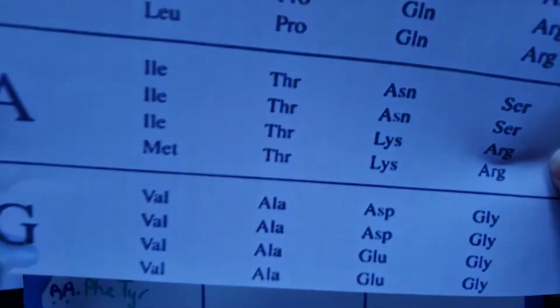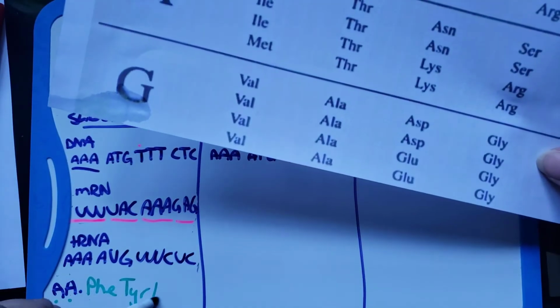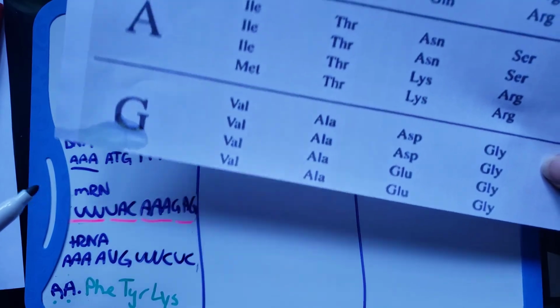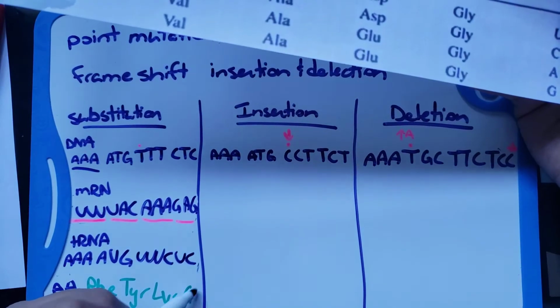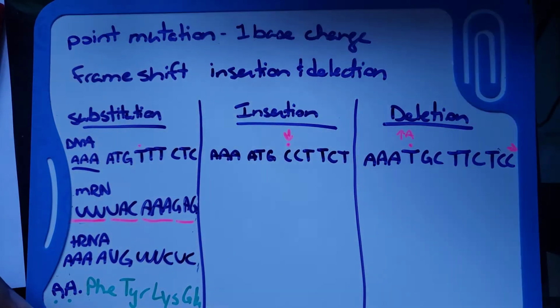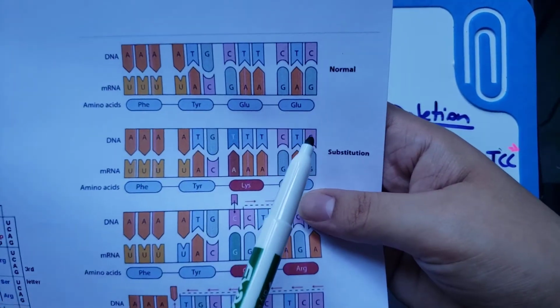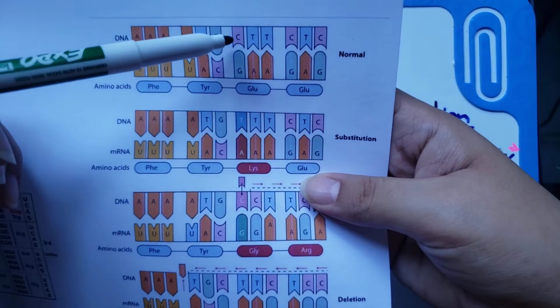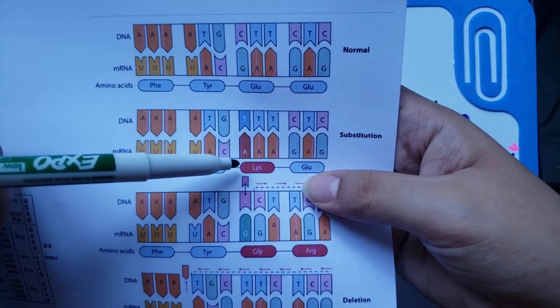Then AAA, an A with an A and an A. That will be a lysine, or lyse, and then we have a GAA, a G, the A, and that is a glue. If you look at the original paper, it was a glue and a glue. Because of the point mutation from that C to a T, it changed so that it was a lyse now. So that's a substitution.